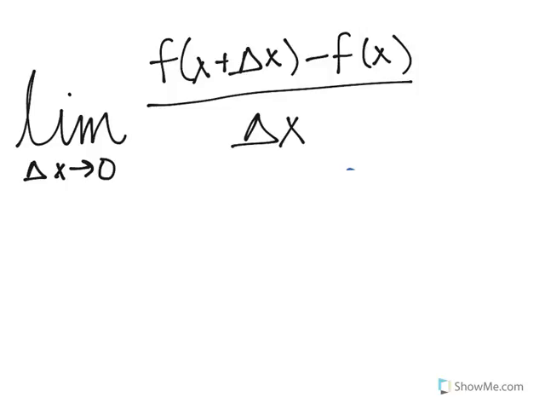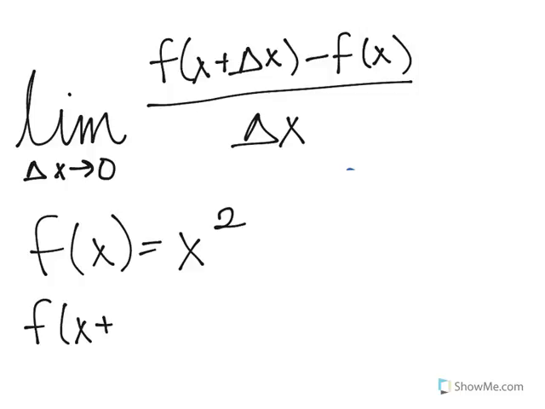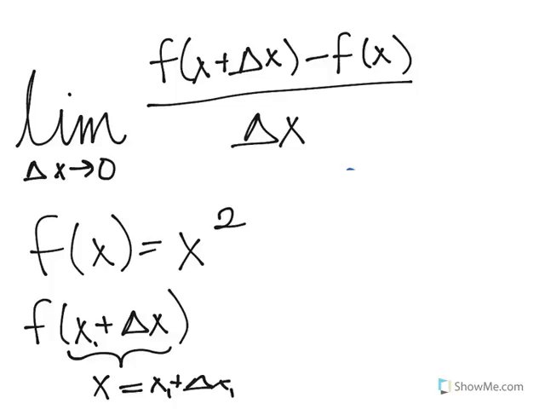Let's say that f of x is equal to x squared. Let's try to find the derivative. Let's first define f of x plus delta x. Remember that this means that wherever you see an x, you substitute it with x plus delta x. We can just say x1 so we don't get confused, whatever x is.